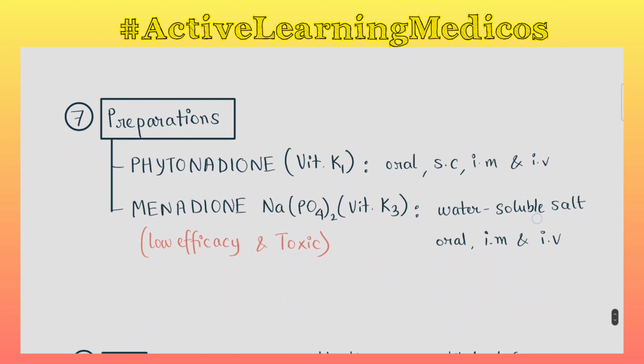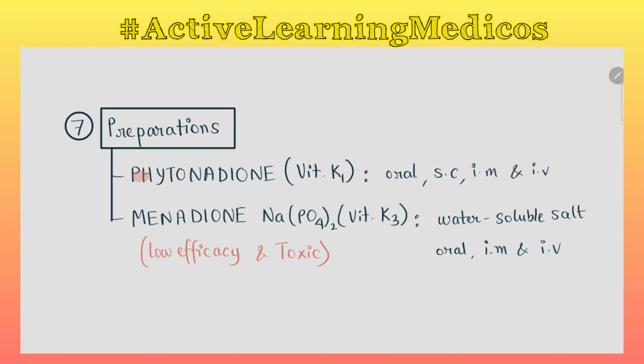Let's come to the next preparations of vitamin K. One is phytonadione, which we saw is a vitamin K1 form. It is available in oral, subcutaneous, intramuscular and intravenous forms. And the next form of vitamin K is menadione sodium diphosphate, which is vitamin K3.